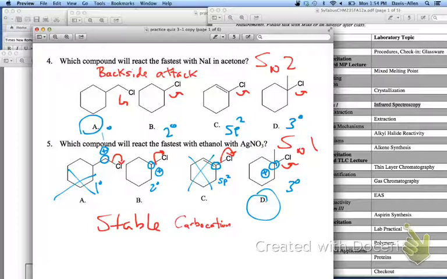We've got that carbon ring and 2 hydrogens. If we look at choice B, there's 2 carbons and a hydrogen. If we look at choice C, there's 2 carbons and we have that pi bond, which has a lot of electron density as well. Okay? And then in choice D, we've got 3 carbons. Okay, so it's coming back to that steric hindrance. What things prevent it from getting in there? Does that make sense?